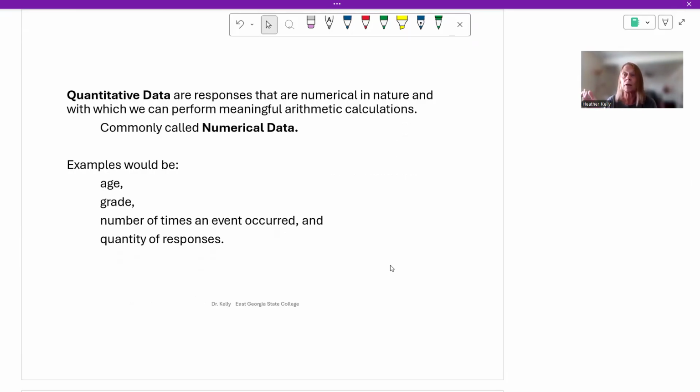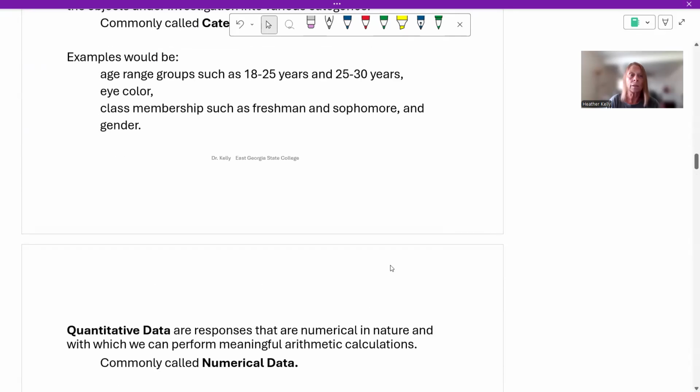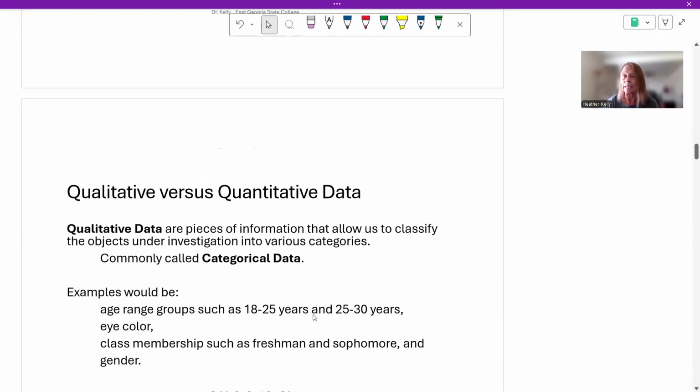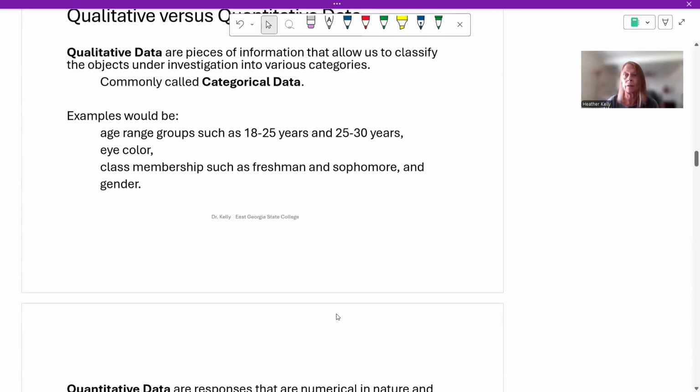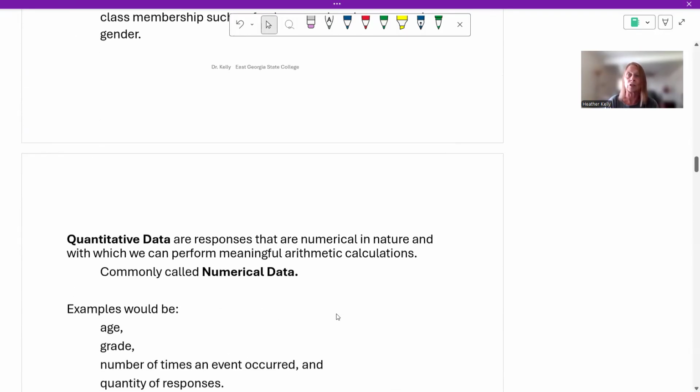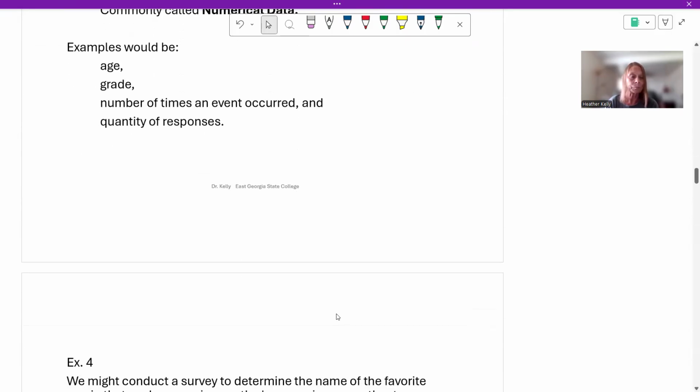There's a lot of things there. So quantitative data is measured in numbers. Qualitative data is basically measured in words. You're going to get words generally out of that.